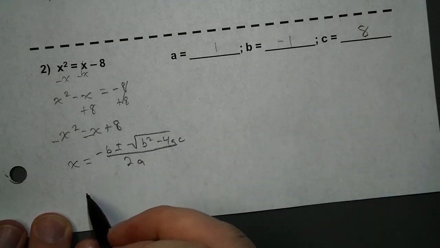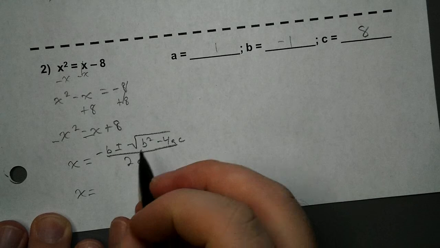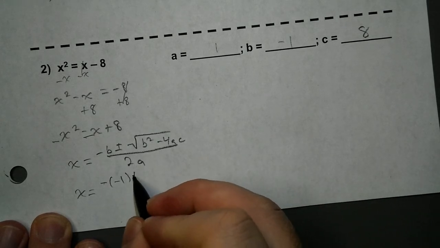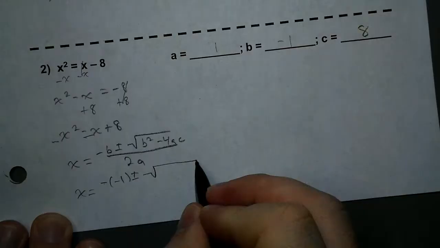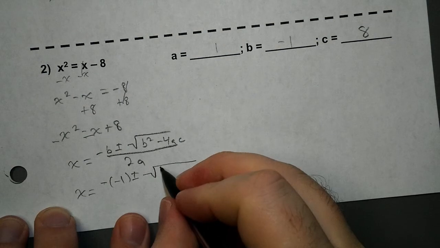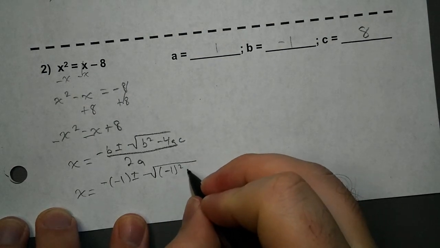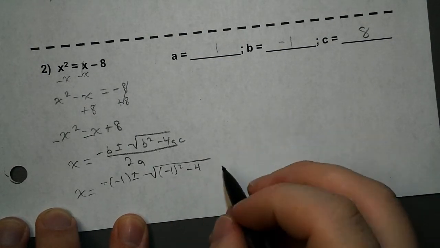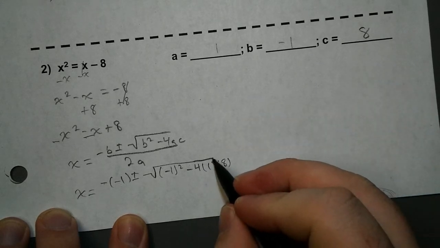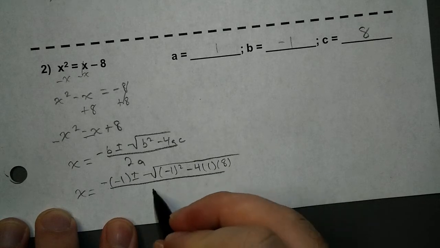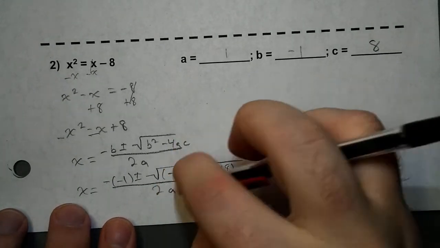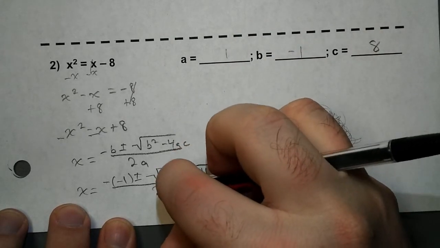Just plug in your values now. x is equal to the negative of negative 1 plus or minus the square root of negative 1 squared minus 4 times a, which is 1, times c, which is 8. And all of that over 2a. Or sorry, 2 times 1, because a in this problem is 1.